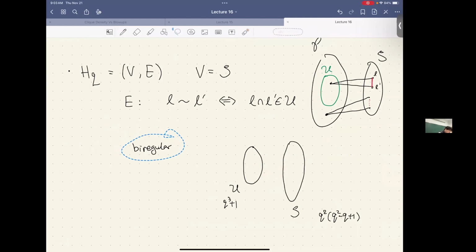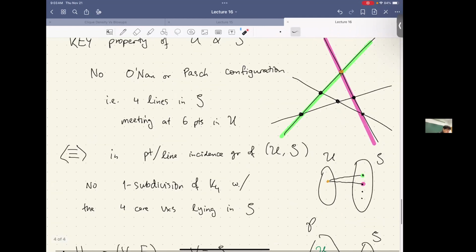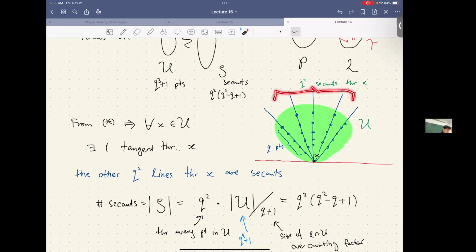What's the degree from this side? As I said, it's q squared. There are q squared secants through every point in the unital, right? What's the degree from the right? For every secant line, how many unital points lie on the line?